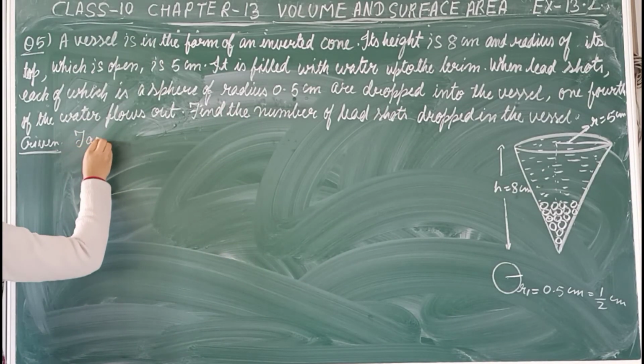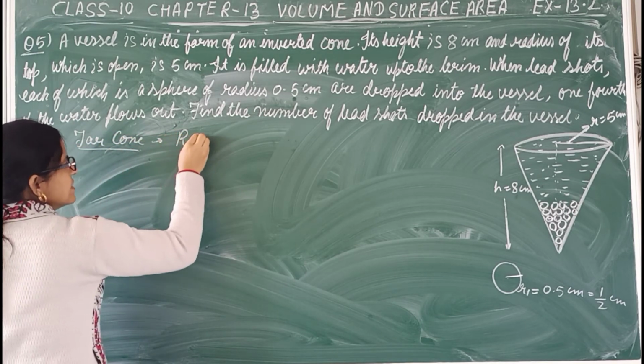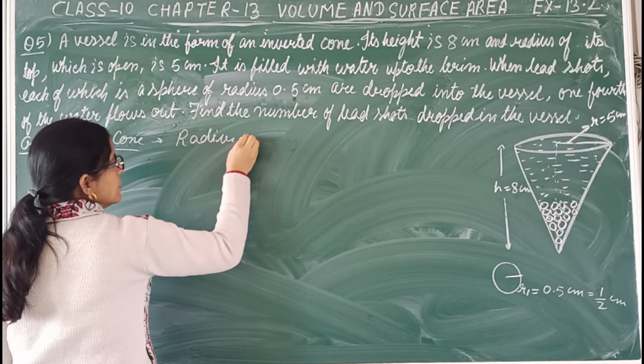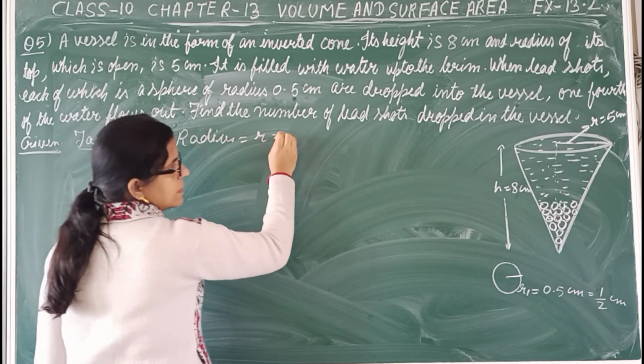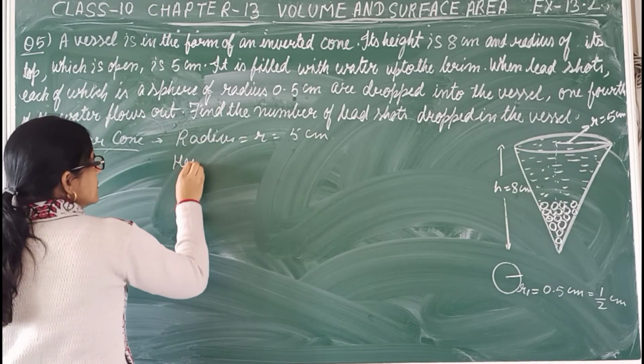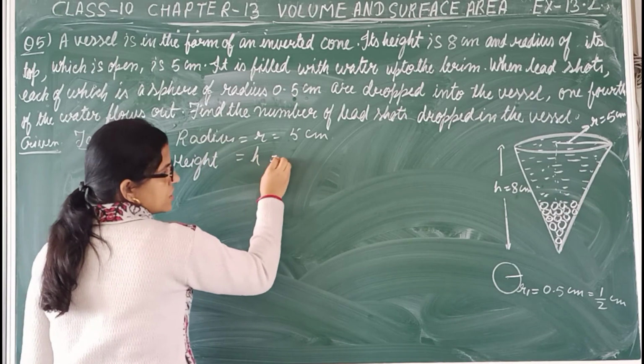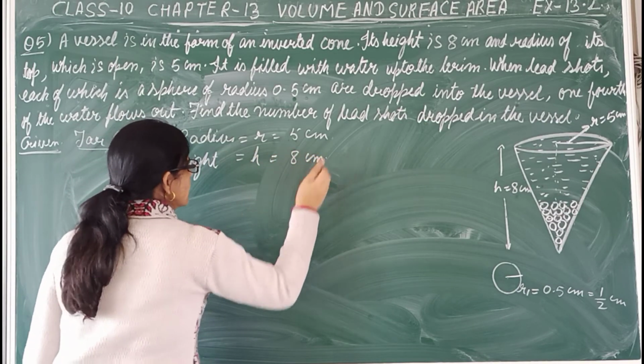For the cone, radius equals small r equals 5 centimeter, height equals small h equals 8 centimeter.